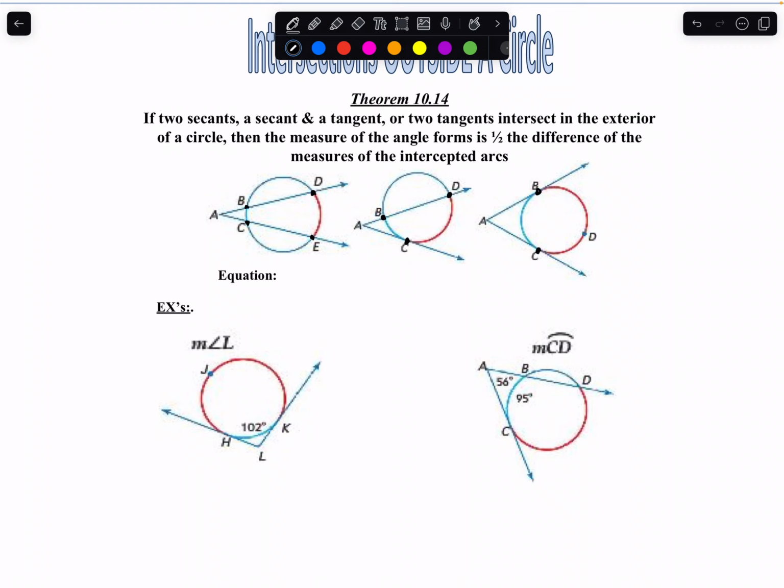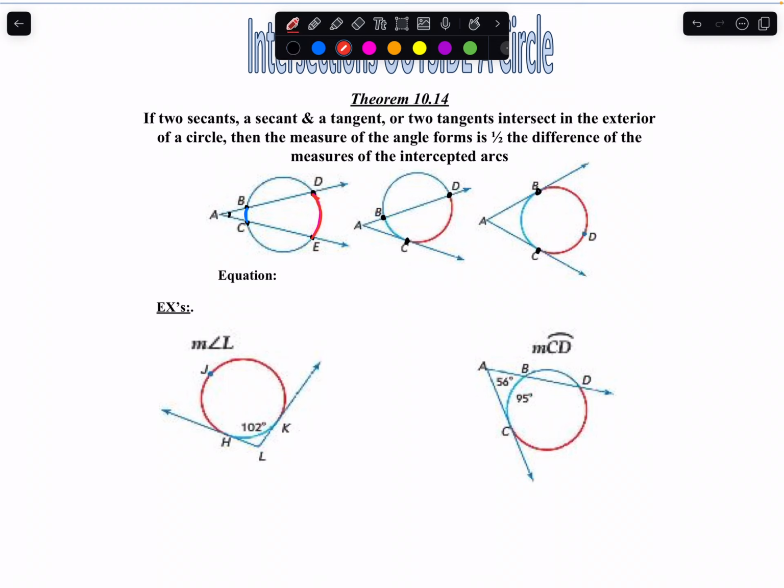Since we're trying to find the degrees and it measures on the outside, now we're going to find the difference between the arcs. This bigger arc, I'll put this one in red, sorry, minus the smaller arc will give us the measure of the angle on the outside.